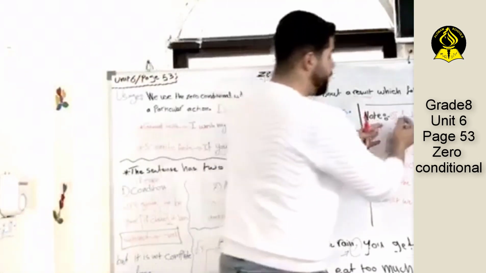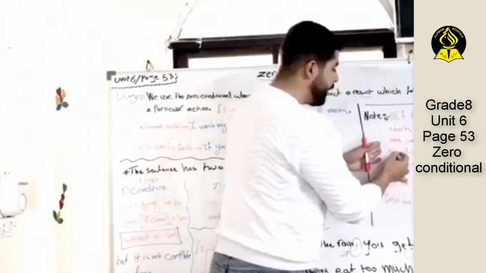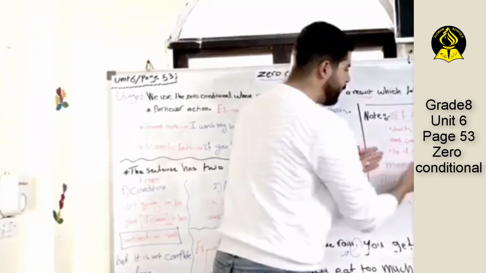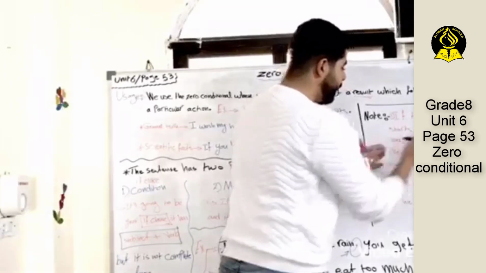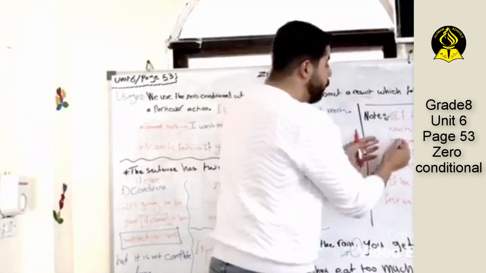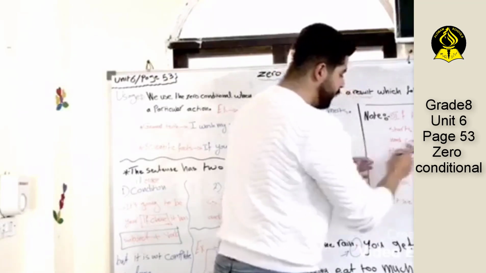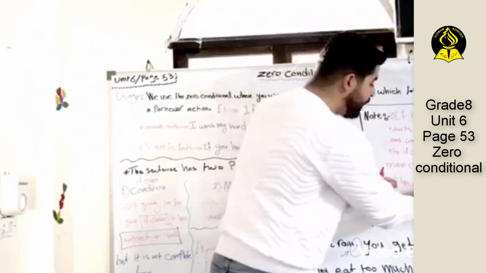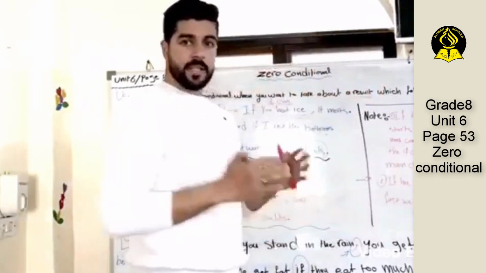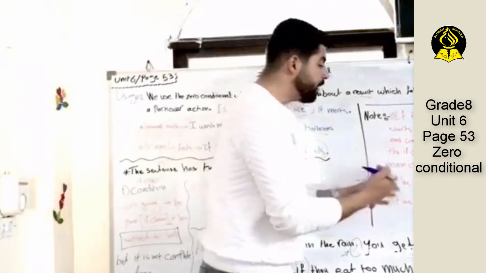Note: if the sentence starts with if, we need a comma to separate the if clause from the main clause. Another point here: if the main clause comes first, we don't need a comma.